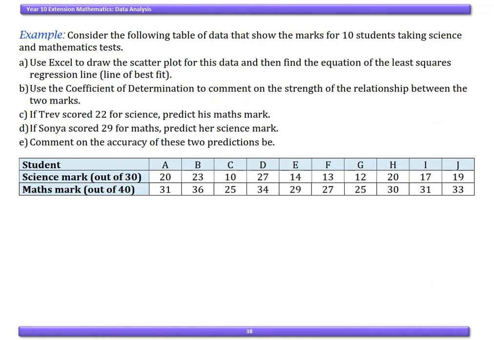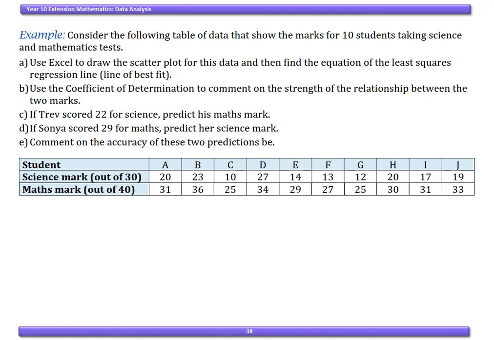So here's an example. Consider the following table of data that shows the marks for 10 students taking science and mathematics tests. So we've got a student, we've got their science mark out of 30, we've got their maths mark out of 40. We're going to use Excel to draw the scatter plot for this data and then find the equation of the least squares regression line, or the line of best fit.